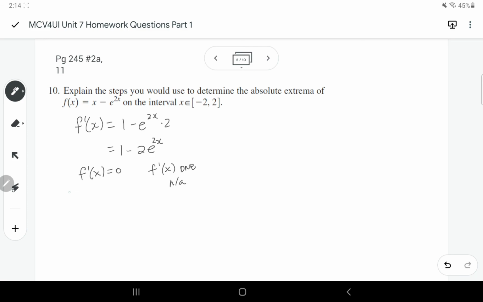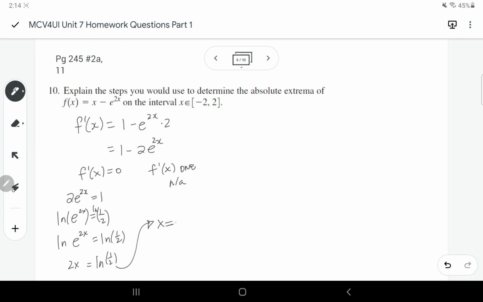So if the derivative equals 0, then 2e to the 2x would equal positive 1. E to the 2x equals 1/2. And then taking the natural log of both sides, ln e to the 2x equals ln of 1/2. And then 2x is ln of 1/2.